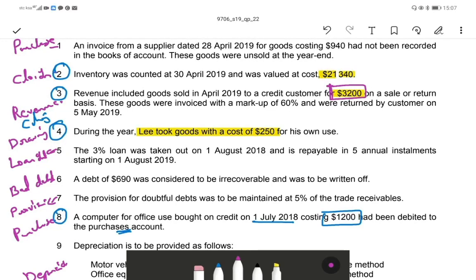So this amount we have deducted from sales. When we deduct from the sales, it means the company did not sell this product. So this is the part of closing stock. We have to add it back with the closing stock. So closing stock 21,340 plus the unsold item 3,200, also the part of closing inventory because sale or return basis.